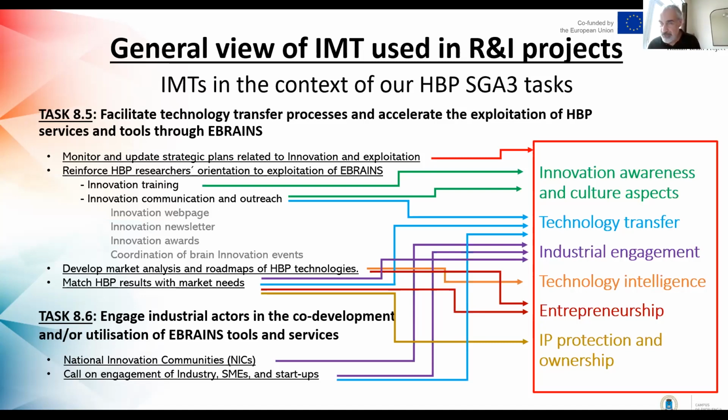Task 8.6, as I told you before, consists of two specific activities. One of them is the national innovation communities. It is a group, a network of around 20, 30 members, more or less, industrial members normally, hospitals included, with which we interact regularly, and we inform on the HBP opportunities, on the HBP goals.